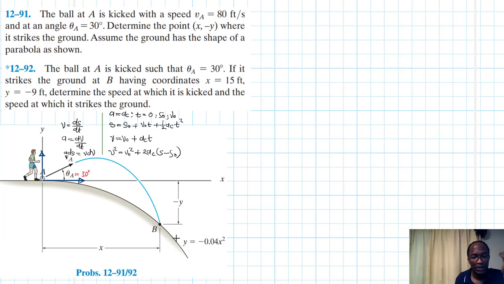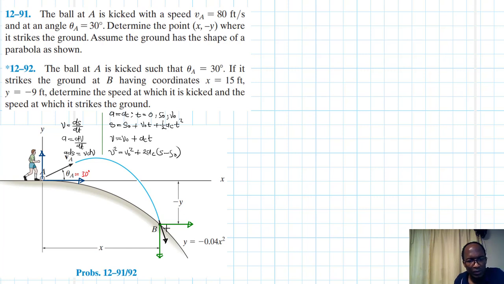And then VB here will be the final velocity at the time when it hits the ground. It will also have two components, one vertical and the horizontal one. Like we said, this one is constant, so it's the same throughout.